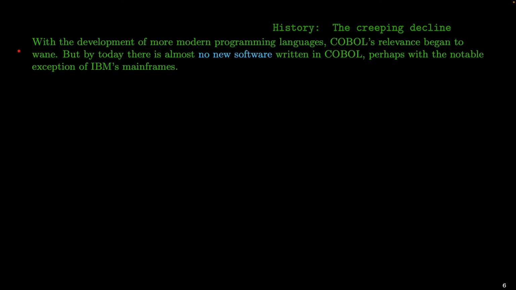Now, eventually, COBOL's relevance began to wane with the advent of modern programming languages. So today there's almost no new software written in COBOL, perhaps, as I said before, with the notable exceptions of IBM mainframes.